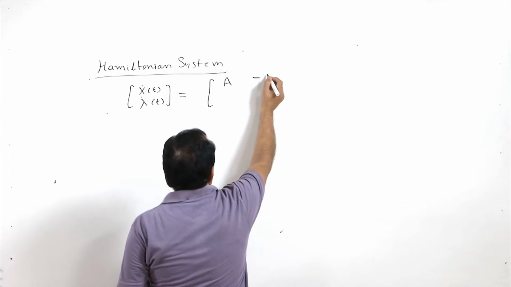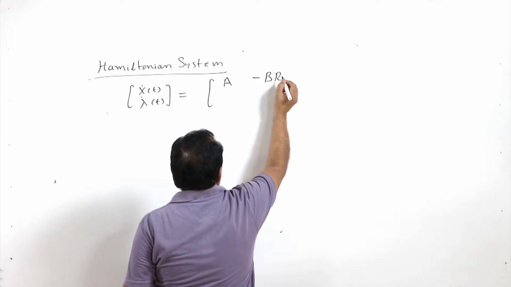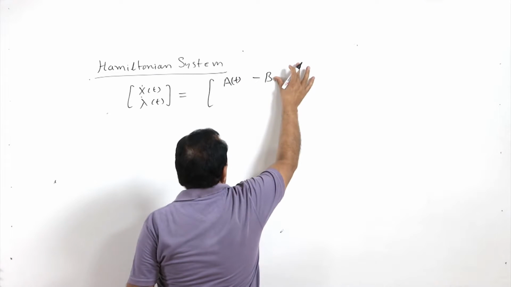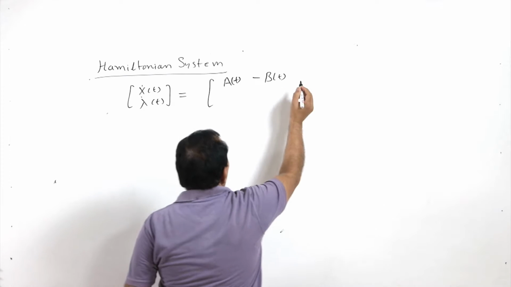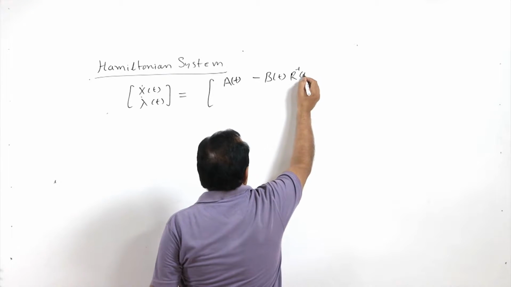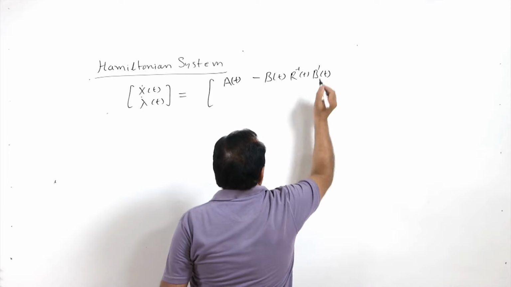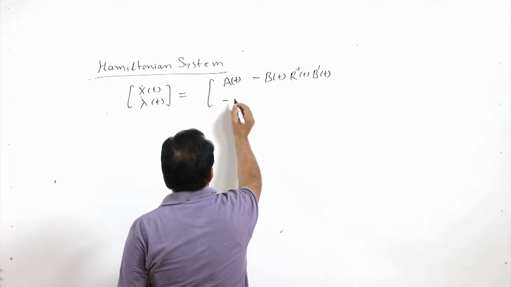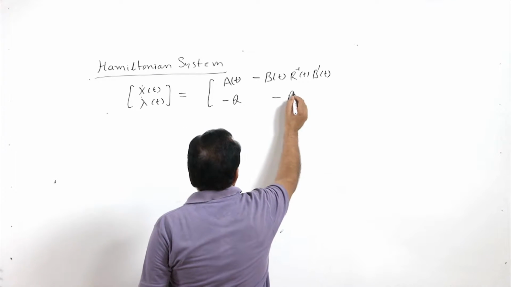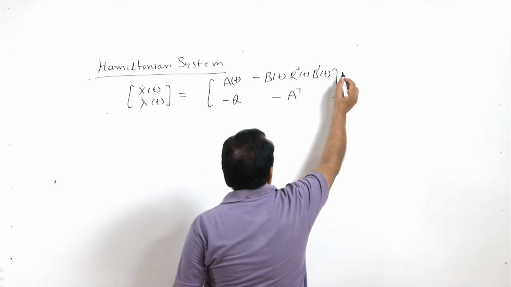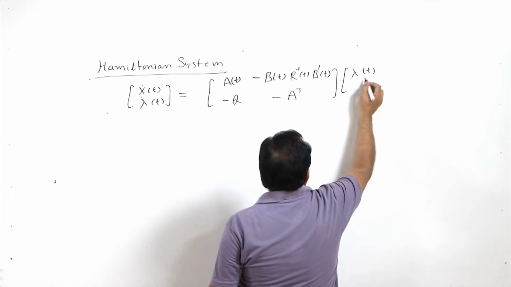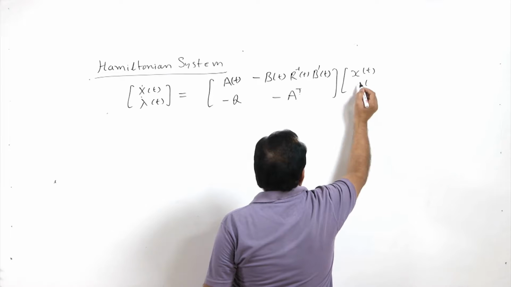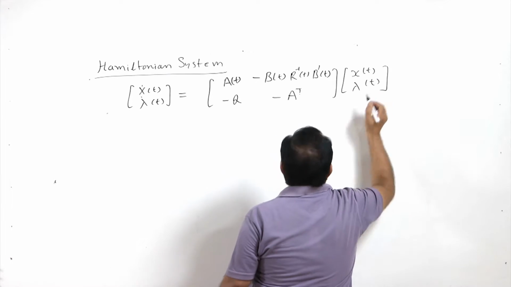It is a time varying case, so all my matrices are functions of time: A of t, minus B R inverse B prime which is my E, minus Q, minus A transpose, times x of t, lambda of t.